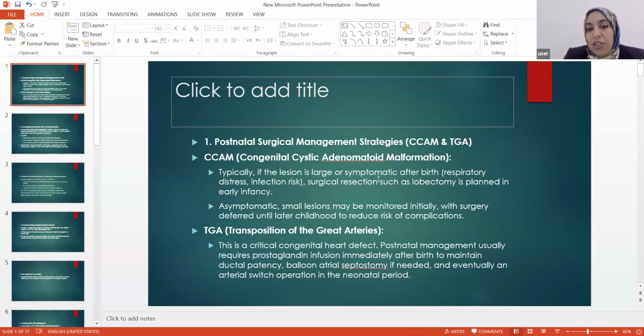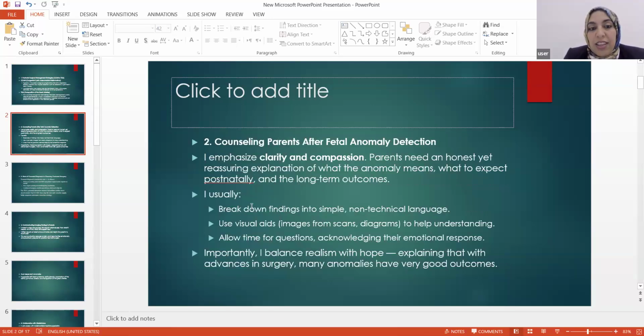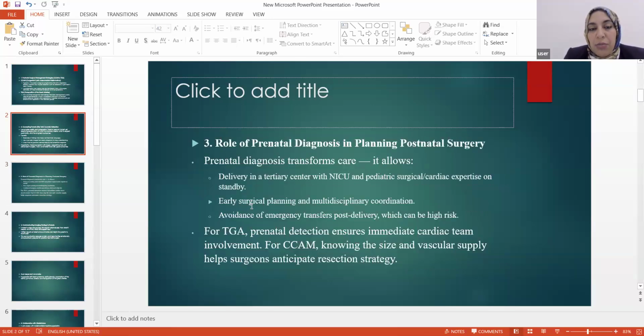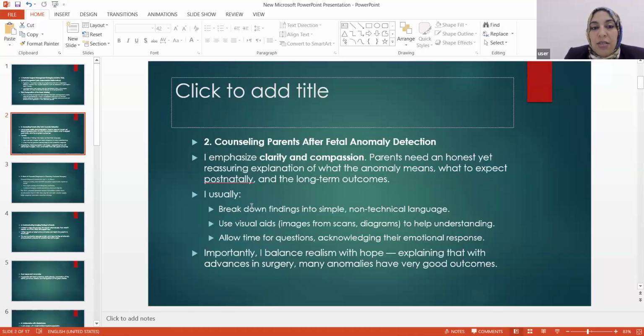Typically, if the lesion is large, it will be symptomatic and cause symptoms to the baby after birth, or it will be an asymptomatic small lesion with surgery later, in late childhood. Regarding counseling, the first thing is to break down the findings into simple, non-technical language and use visual aids, such as the image.